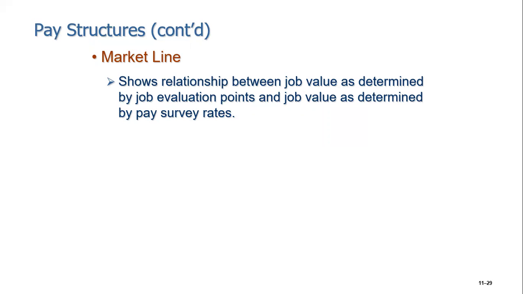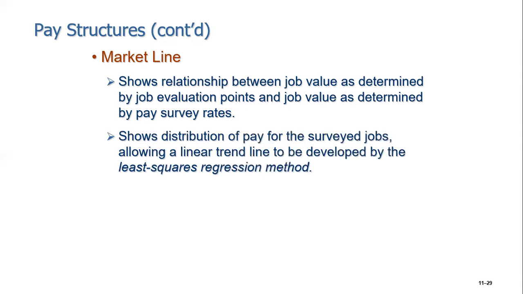The relationship between job value, determined by the evaluation points done inside the organization, and job value determined by the pay survey rates. This market line shows the distribution of pay for the surveyed jobs, allowing a linear trend line to be developed by the least square regression method.